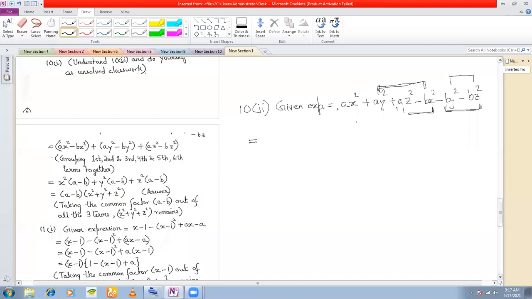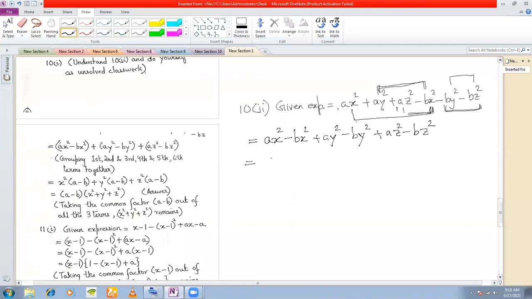So what do we try now? What we try now is first and this. That is, you take the opposite signs together. So you take ax square minus bx square together. You take ay square minus by square together. And you take az square and bz square together.